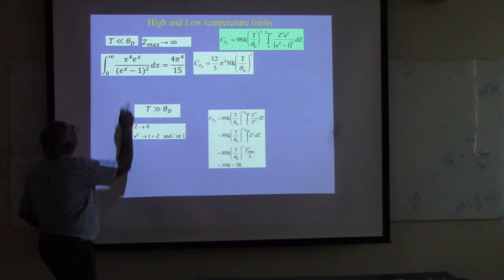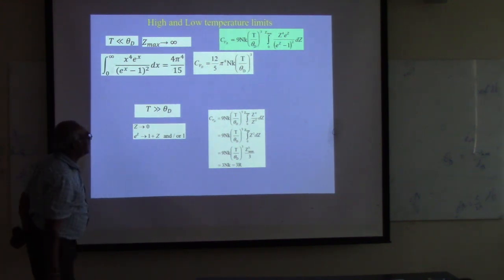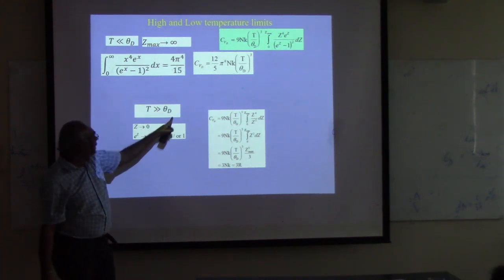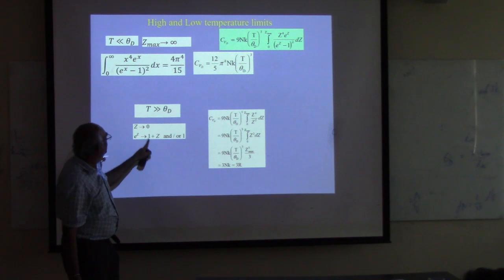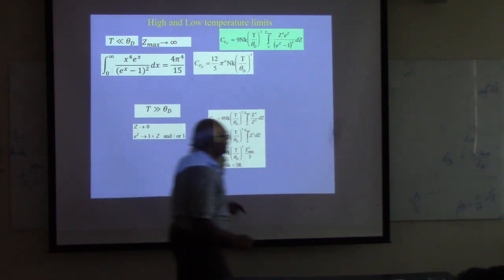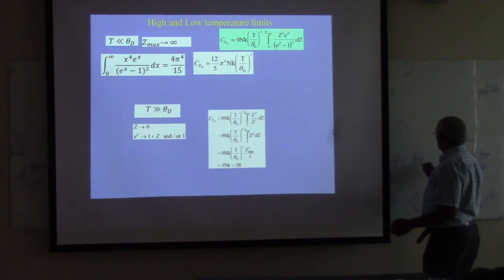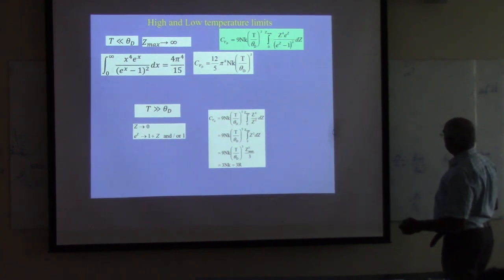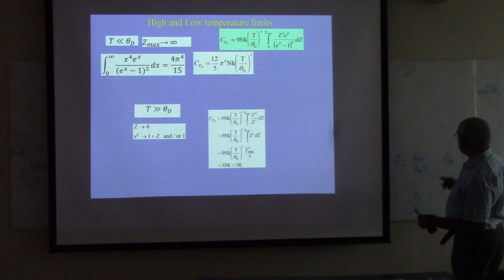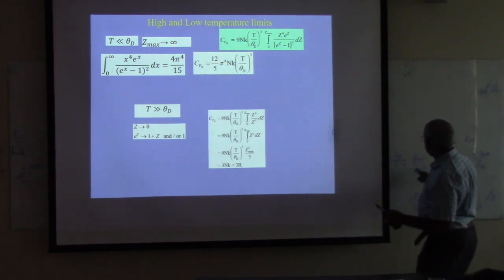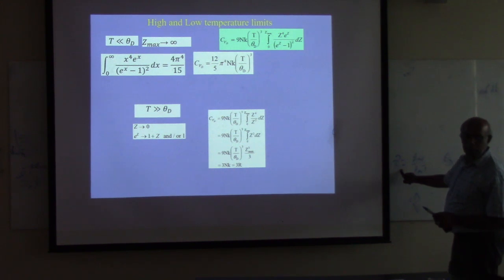So now if I look at low temperature, first let's look at the high temperature. That means T is much greater than the Debye temperature. In this case, your x is defined as h-bar omega over kBT. So if T is much greater, your x is very small, right?